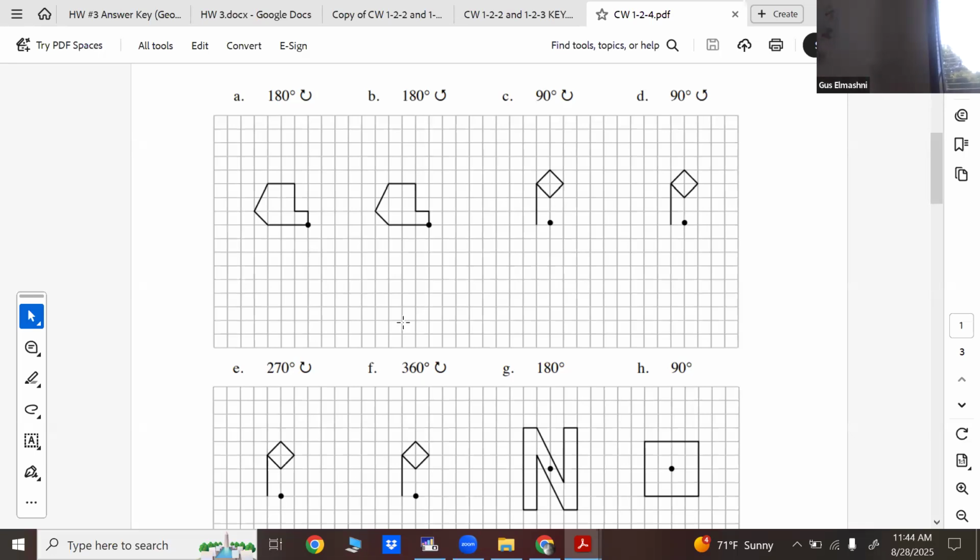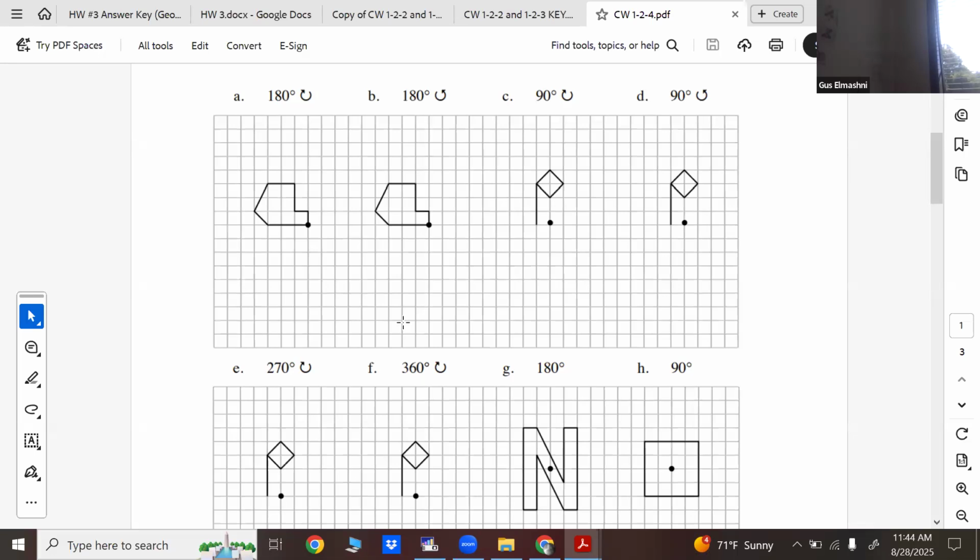So let's use some tracing paper. We have the pivot points as you see right there. Look around, I'll give you guys a couple sheets of this tracing or parchment paper. And we're going to do the same thing that we did the other day on Tuesday.